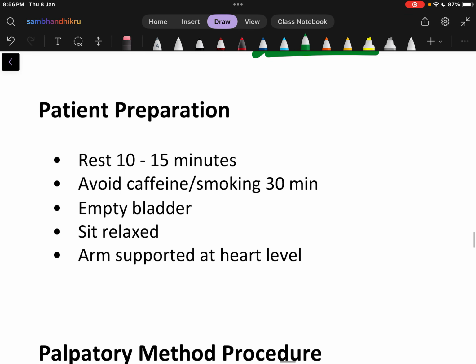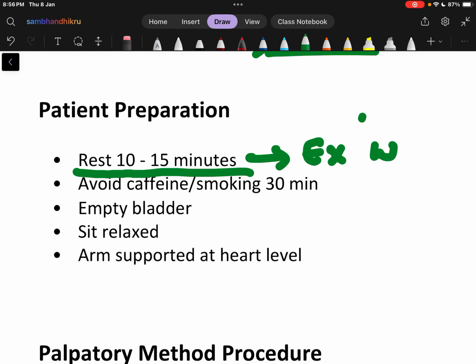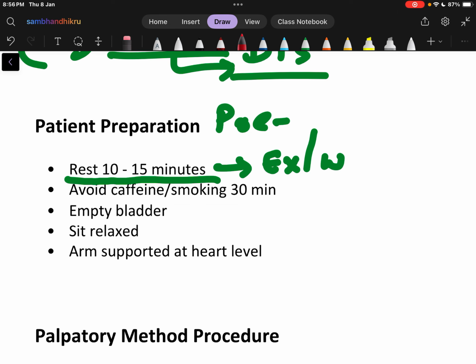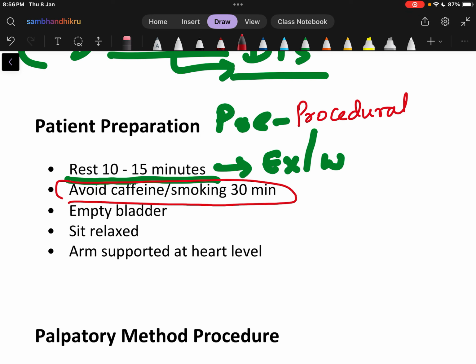Next, patient preparation, which means pre-procedural. Rest them 10 to 15 minutes if they have done any exercise or walking. Avoid caffeine or smoking; if they have taken them, avoid BP monitoring for about 30 minutes.